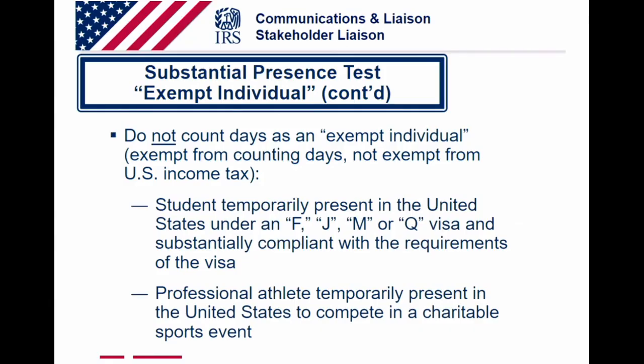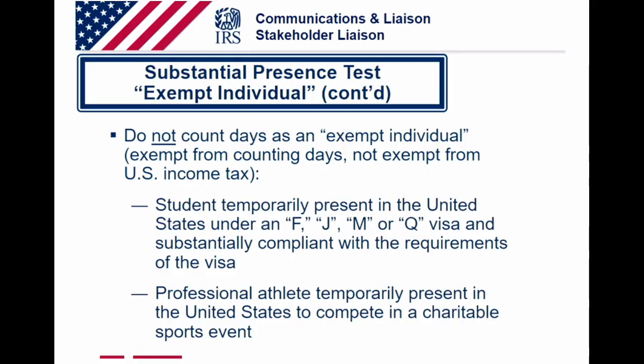So another type of exempt individual is a student who is temporarily present in the United States under an F, J, M, or Q visa who substantially complies with the requirements of the visa. Also included are immediate family members of exempt students.